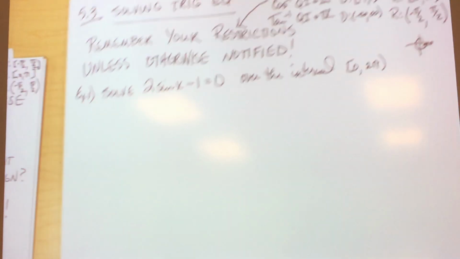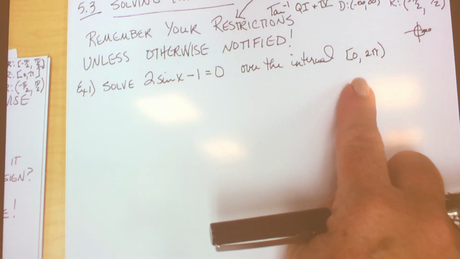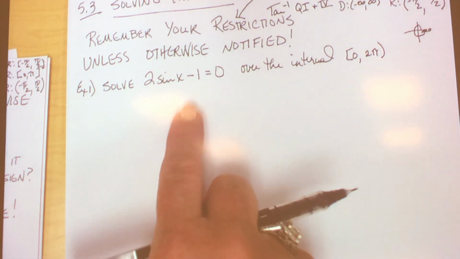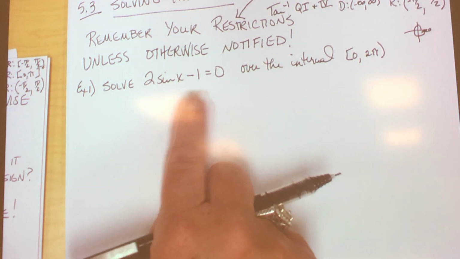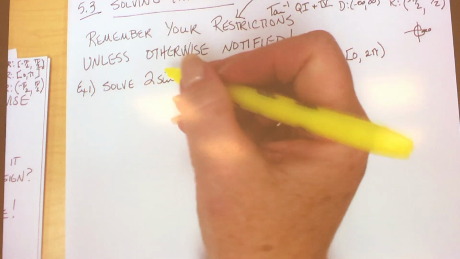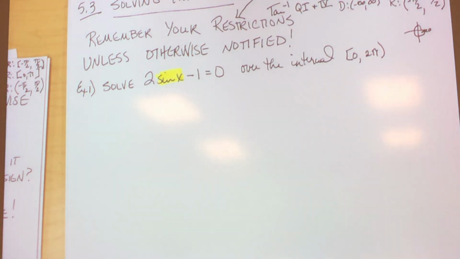All right, so here we go. We're going to solve this equation over this interval from 0 inclusive to 2 pi exclusive. People, this is like algebra 1. This is what you're solving for right here. Plug in 0. So tell me what to do.